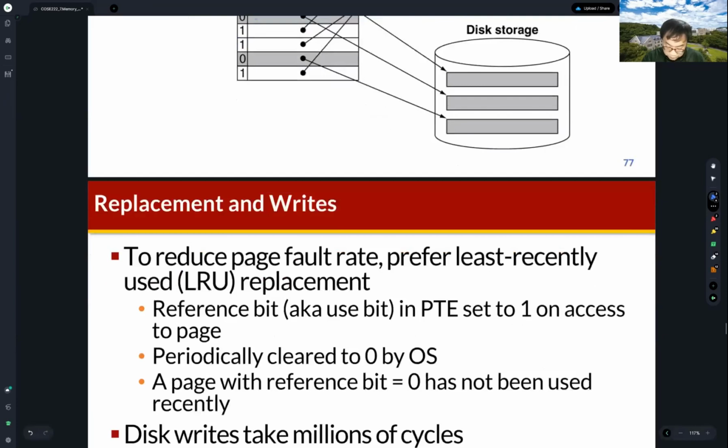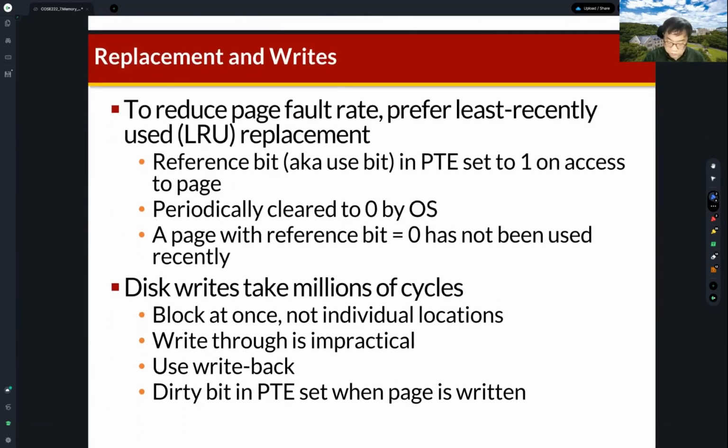So we also need to manage page replacement. When you learned about caches, cache blocks can also be replaced, and we can use the LRU replacement policy, which means the least recently used cache block is evicted from the cache.